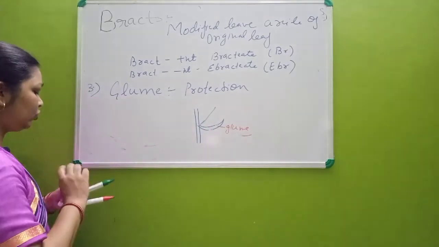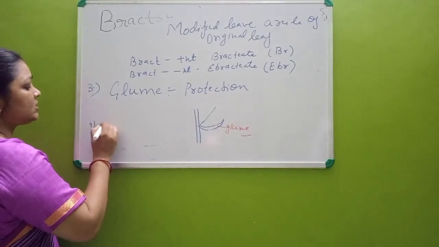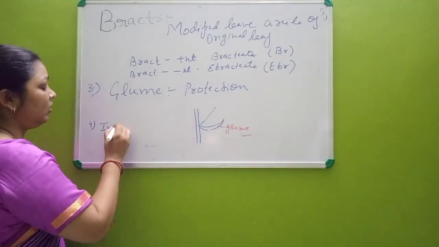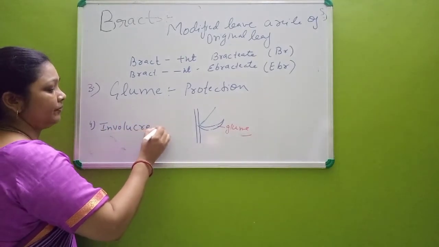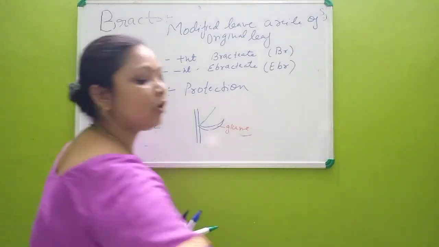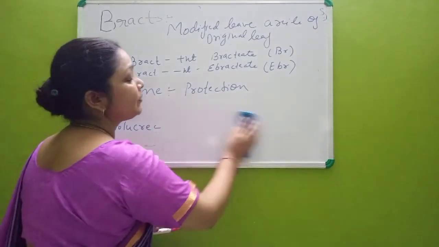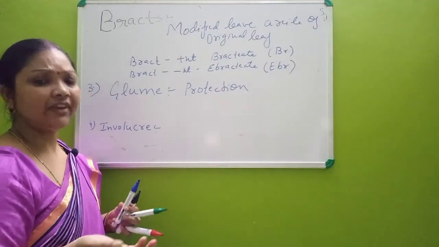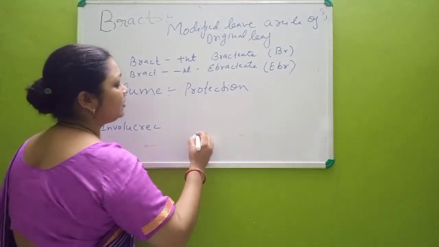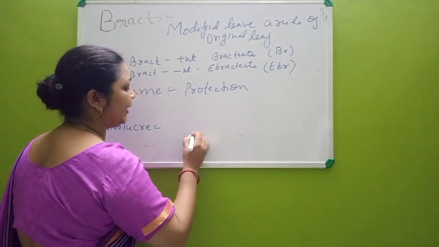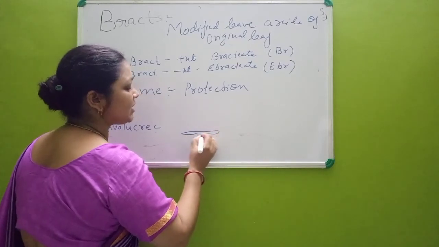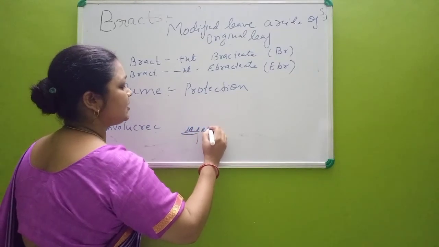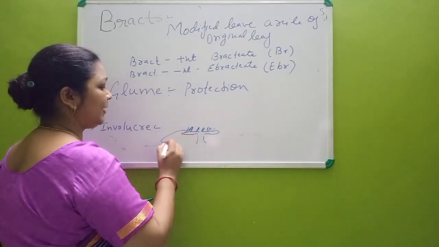And now the fourth one is known as the involucre. That is the fourth type of modification found in bract, and the example is sunflower. Here the thalamus becomes flat. You will see this type of flower with a black spiky structure, and the petals of the flower.